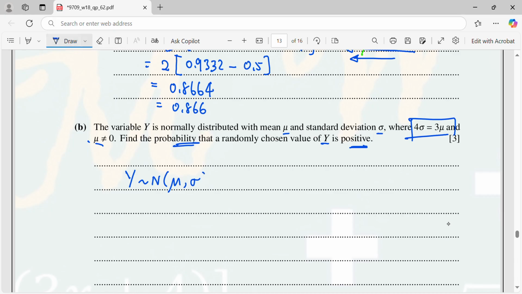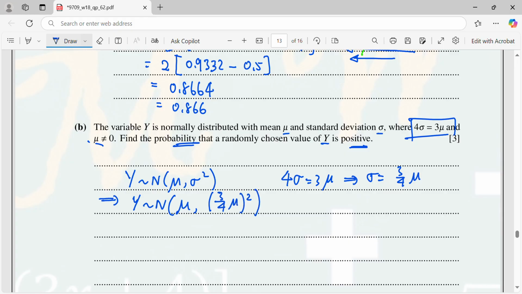So the variance will be sigma squared. Now 4 sigma is 3 mu. Then from here I will get sigma as the subject. So sigma is basically 3 over 4 mu. So now I will replace this: y is normally distributed with mean mu, variance is 3 over 4 mu squared.